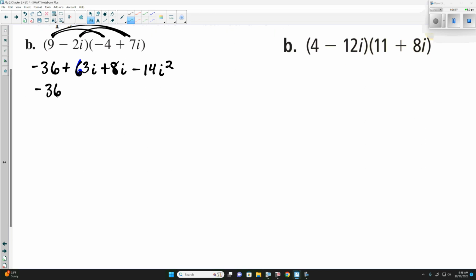Now we do need to do some simplification. 63i plus 8i is 71i, minus, well, our i squared is negative 1.